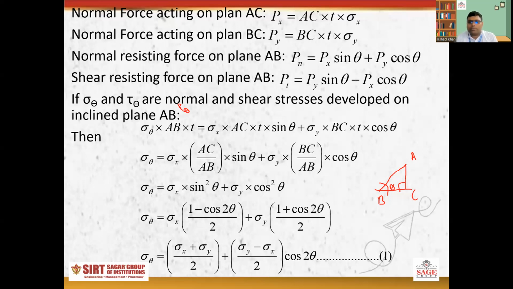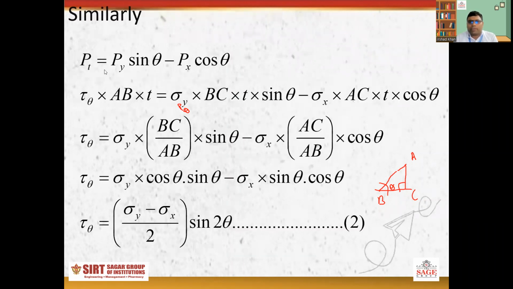If you know the values of sigma x and sigma y and angle theta, we can calculate the normal stress acting on the inclined plane. Similarly, we can calculate the shear stress acting on the inclined plane. We just put the values of Pt, Py and Px in the second equation and we will get it. So similarly we can do.